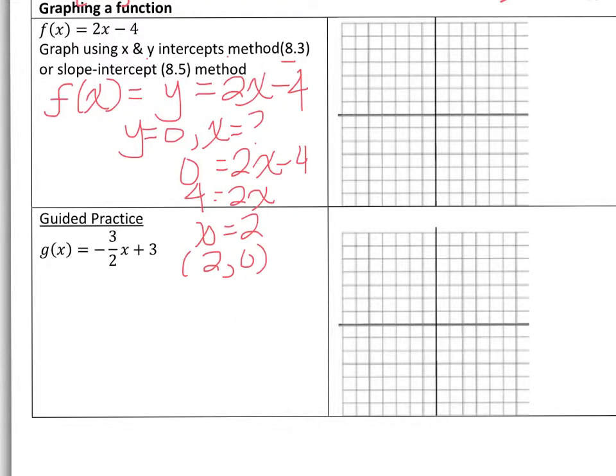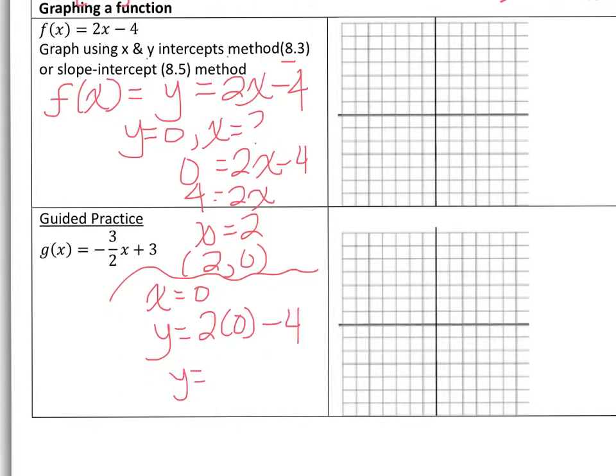And the y-intercept, that's when the x equals 0. y equals 2 times 0 minus 4. It's just negative 4, so my y-intercept is 0, negative 4. And I can graph.